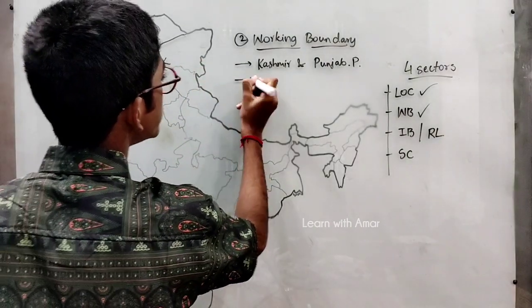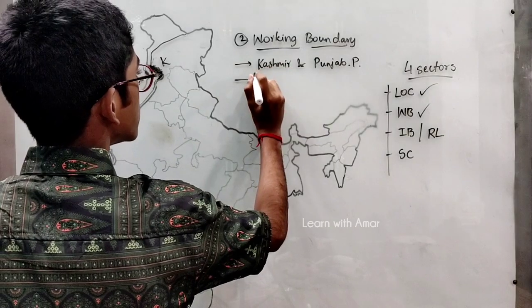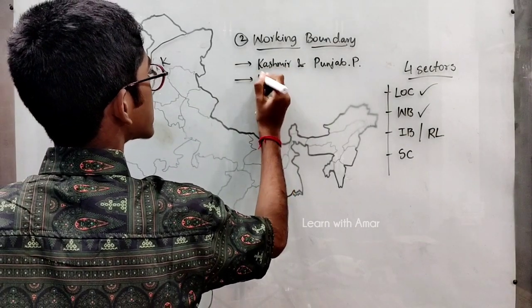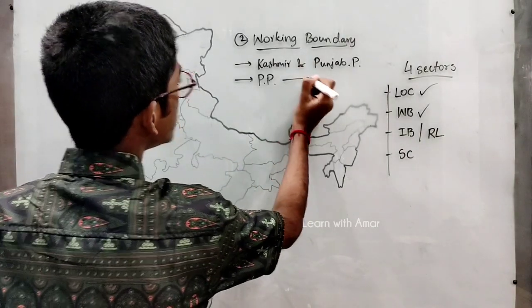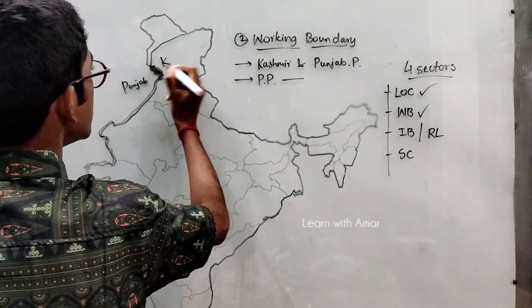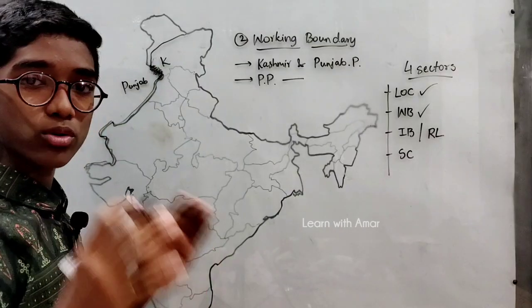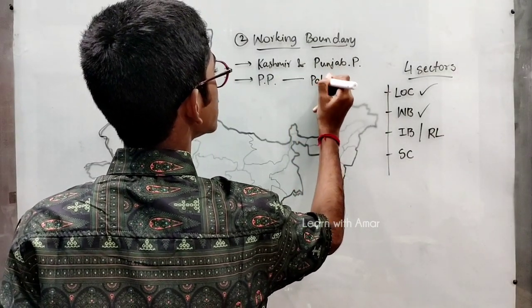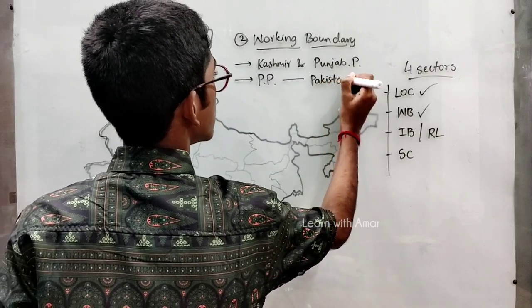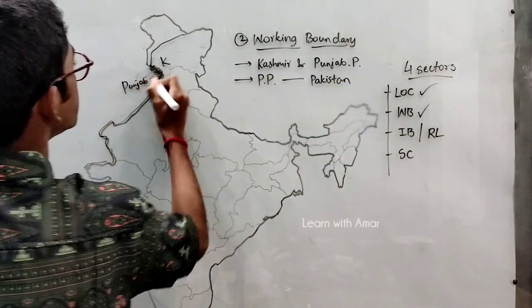Here what the issue is, this Pakistani Punjab, according to this boundary, India and Pakistan, both of these countries accept that this Pakistani Punjab belongs to Pakistan, alright, this area.